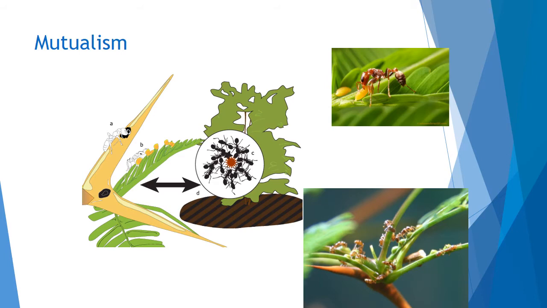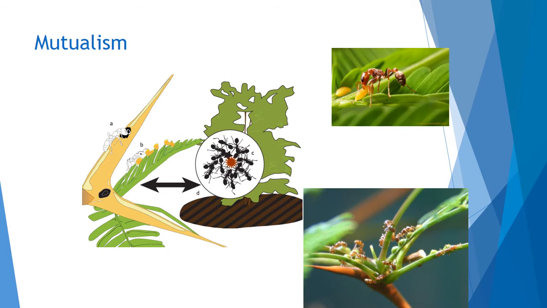The acacia ants help the tree by attacking any enemies. For example, giraffes like to feed on these leaves of the acacia tree. And so when the giraffe goes to feed on the leaves, the ants will actually attack the giraffe.